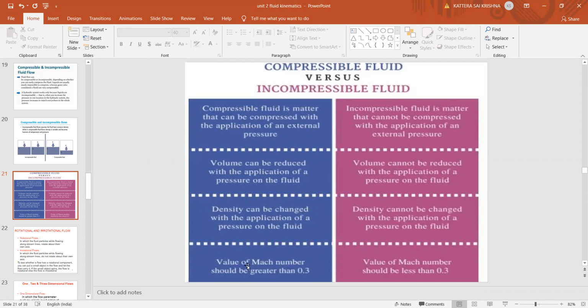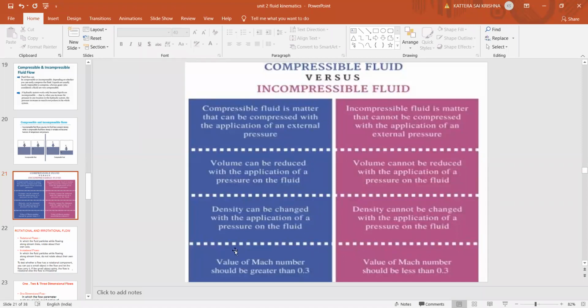Next, the value of Mach number should be greater than 0.3 for compressible, and the value of Mach number should be less than 0.3 for incompressible. So what is this Mach number? It is the ratio of the velocity of the fluid to the velocity of sound in that fluid. You will learn this again later. Mach number is the ratio of the velocity of the fluid to the velocity of sound in that fluid.